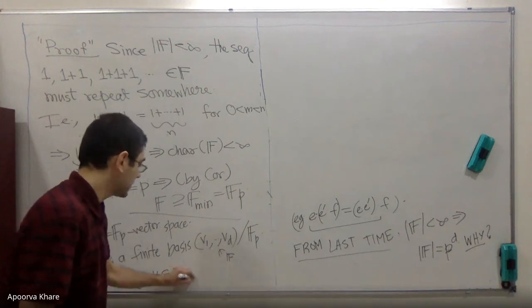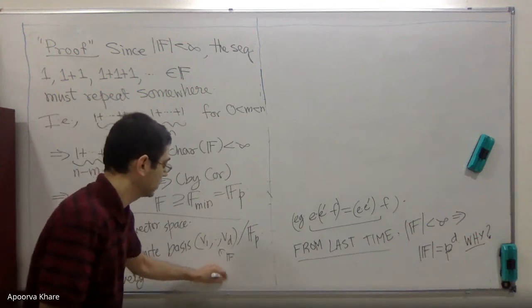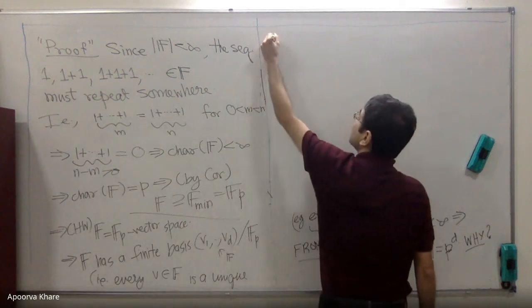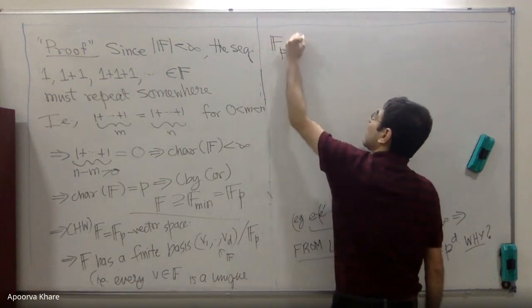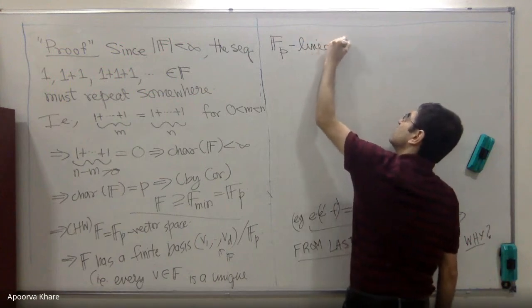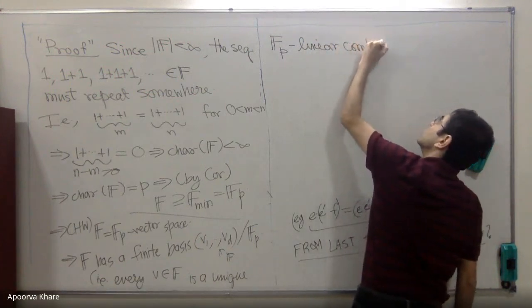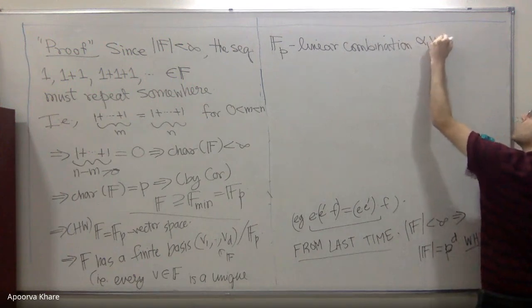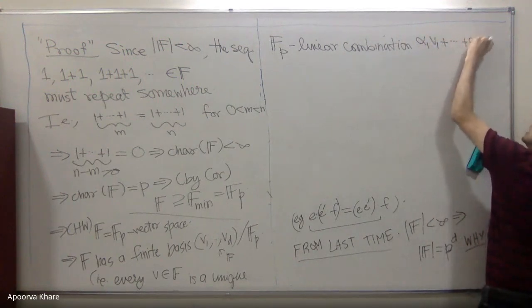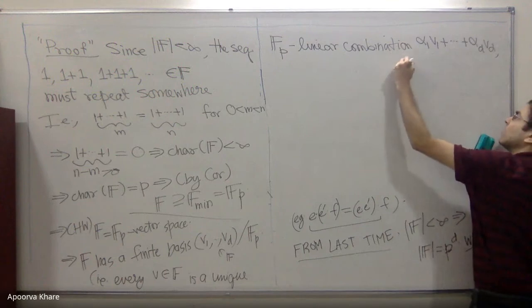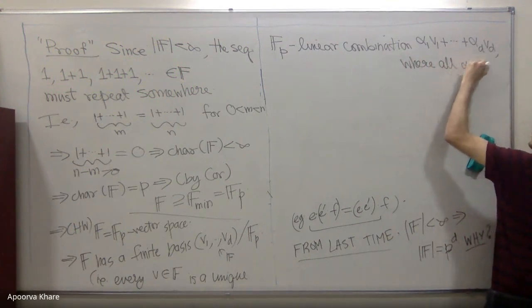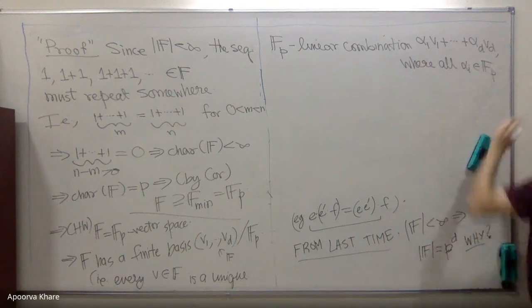Every v is a unique linear combination over the subfield Fp: alpha 1 V1 plus alpha 2 V2 plus ... plus alpha d Vd, where all alpha i are in Fp.